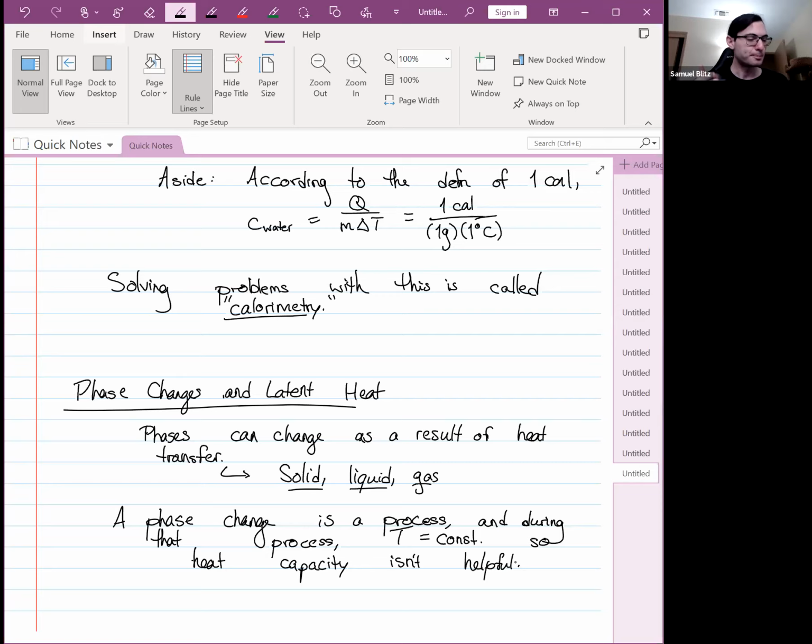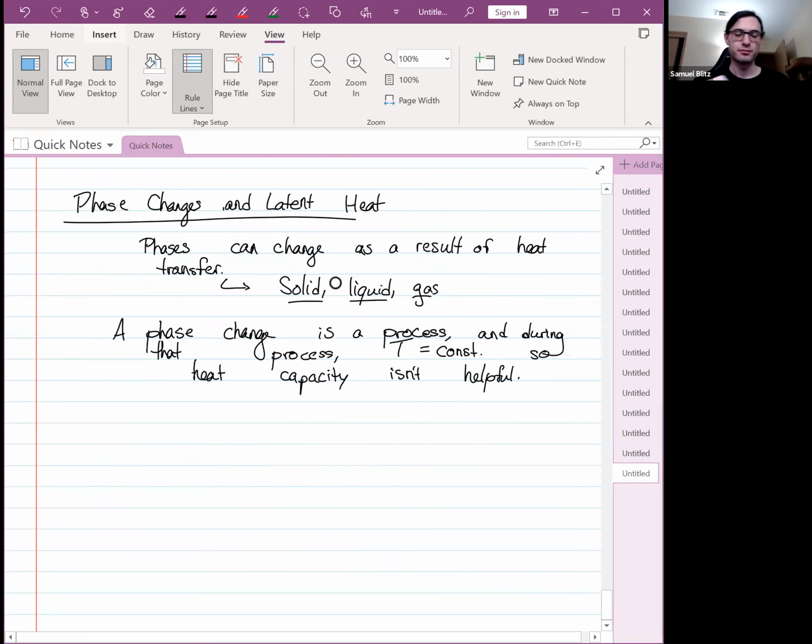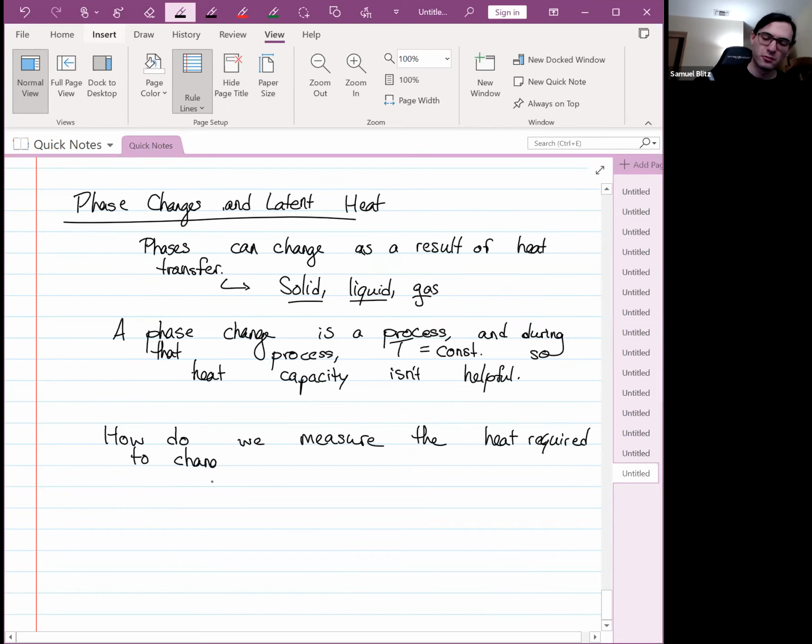So we need to answer the question, how do we measure the heat required to change phases if we can't use heat capacity? Well, we use a quantity called latent heat.